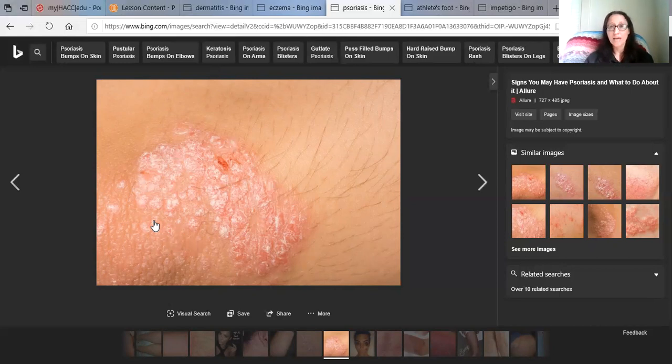Some of you probably have seen psoriasis before. It is most commonly found on the elbows and the knees, although it can be anywhere on the body. Most of the time it's in smaller patches like this, although I have seen individuals with very large patches of psoriasis.